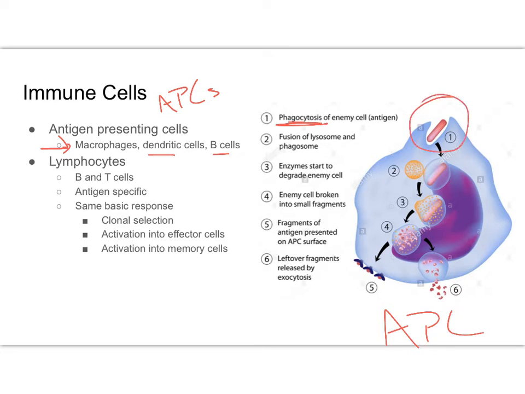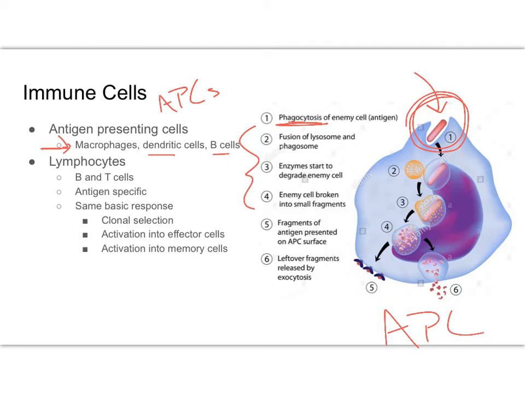That's happening right here, that red rod-shaped cell is the antigen being consumed. Once the antigen is taken into the APC, you'll notice it gets broken down into little pieces. That's what steps 2 through 4 are: the lysosomes within that APC are breaking that antigen down into its little pieces.